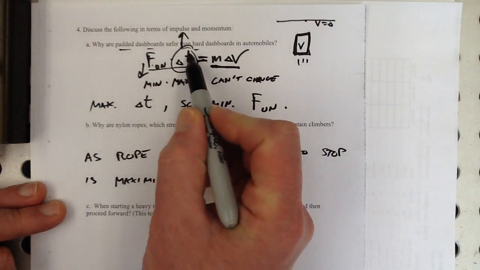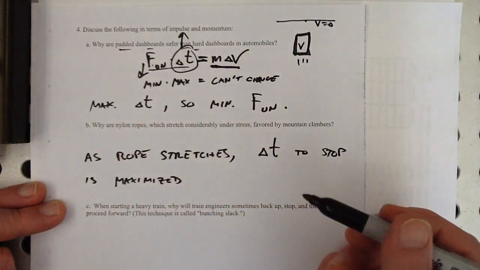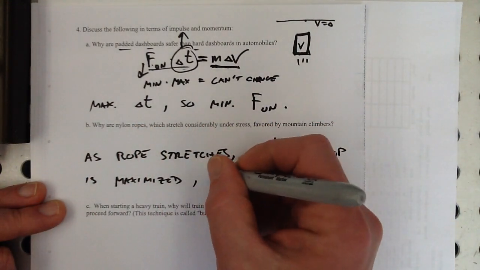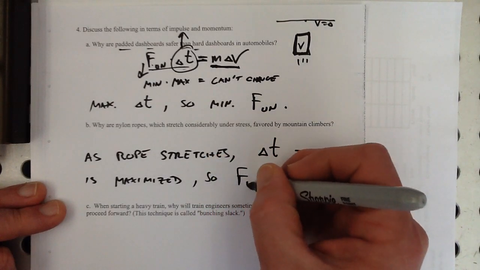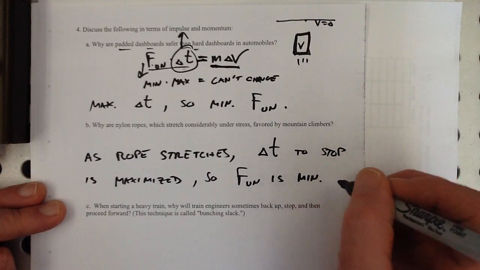If they stop very suddenly, if this is very small, then this is going to be big, and we want this to be as small as possible. So delta T, so the unbalanced force on them is minimized.